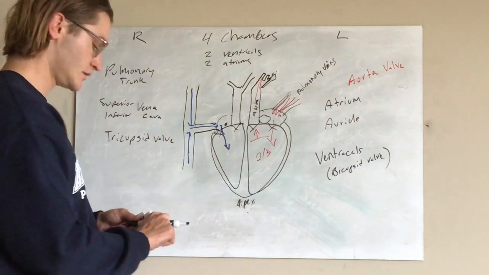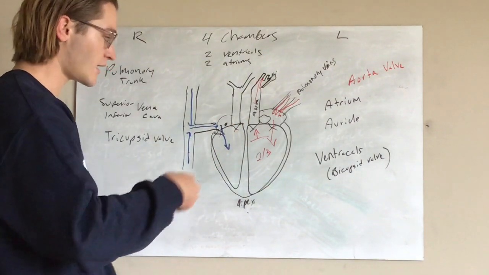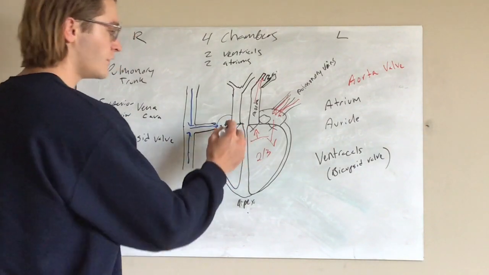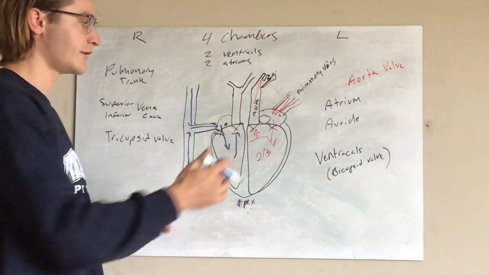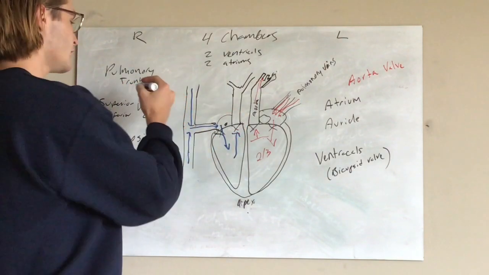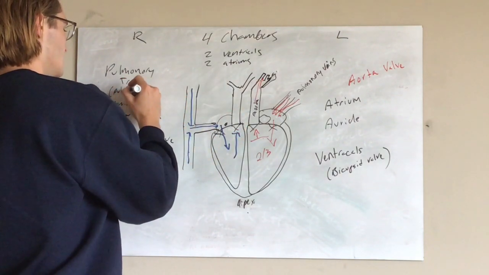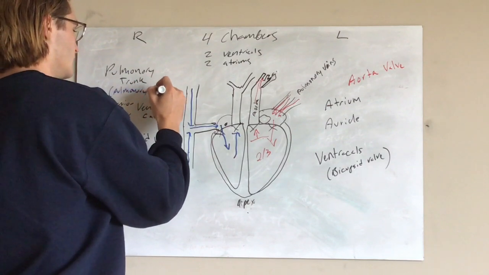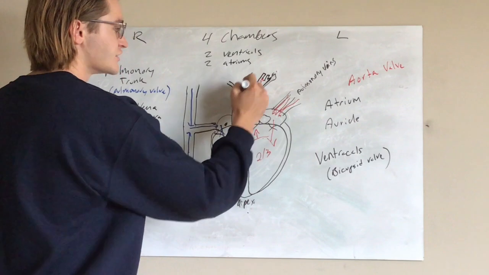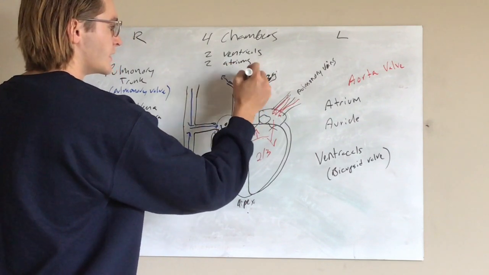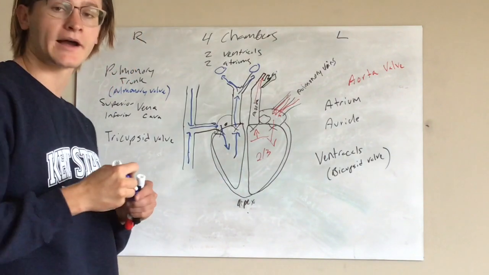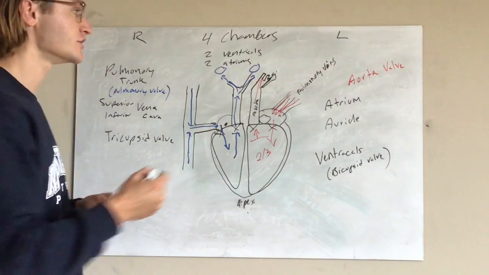And then, with the muscle and the pressure, pressure's going to go from low to high, or high to low. It's going to come out of, guess the valve name. If this is the pulmonary trunk, that's going to be the pulmonary valve, which is going to open, and our deoxygenated blood is going to go one way, both ways, to our left and right bronchi and lungs, and it's going to become oxygenated.